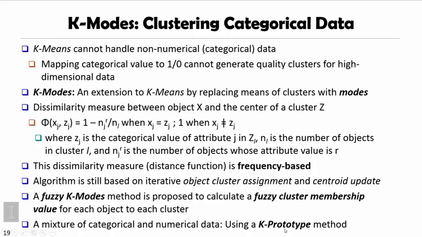And if we have data where some attributes are categorical and some are numerical, we can use the k-prototype method. For the numerical attributes, we can use a function similar to k-means, and for the categorical ones, we can use something similar to k-modes. Finally, we integrate these, and we get the k-prototype method.